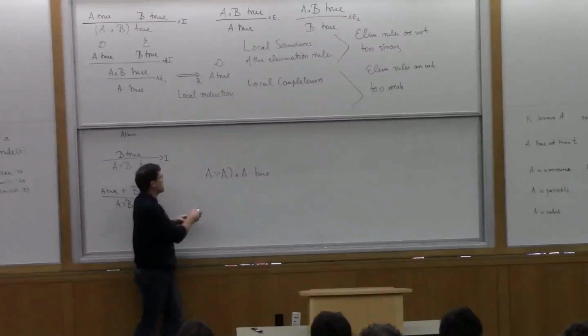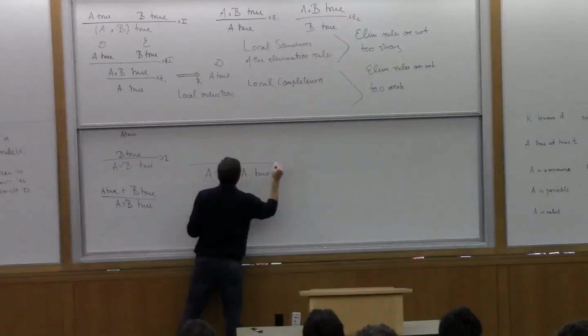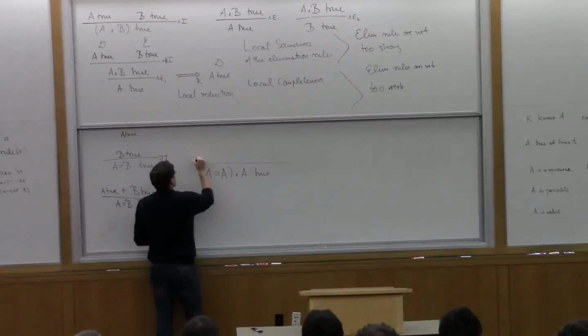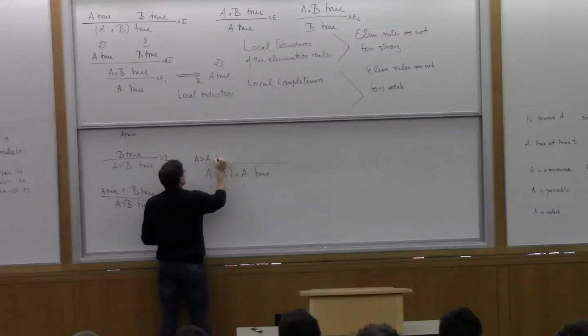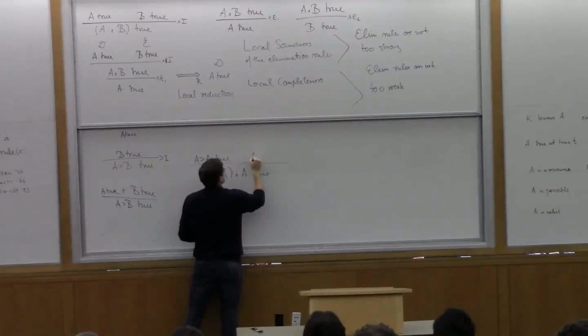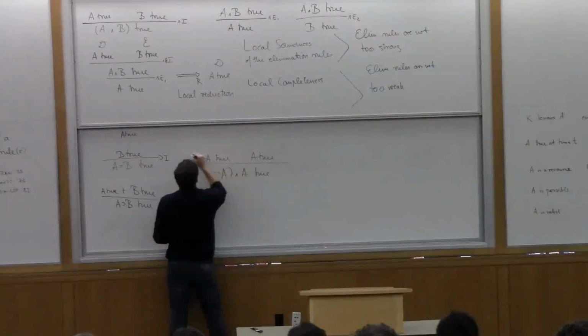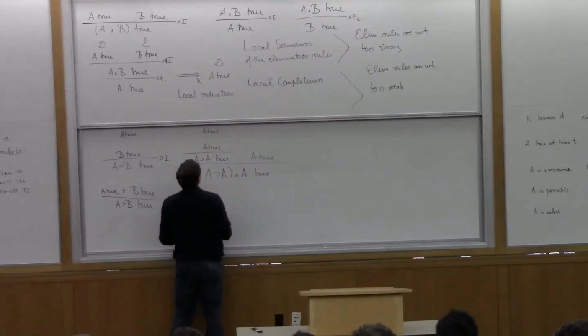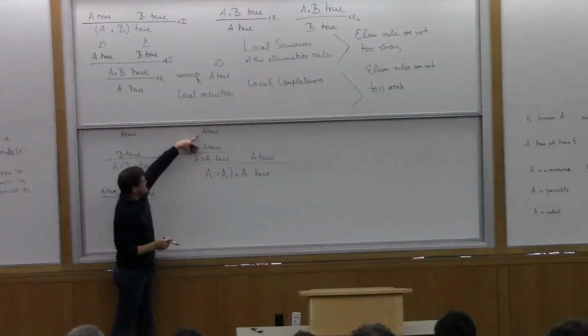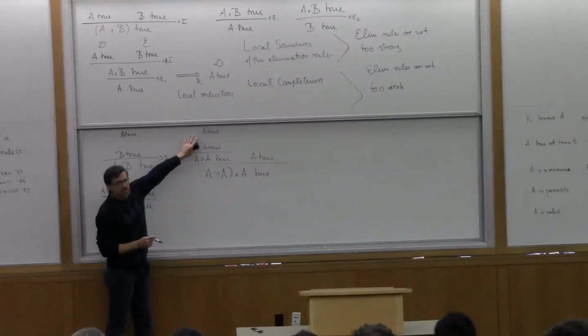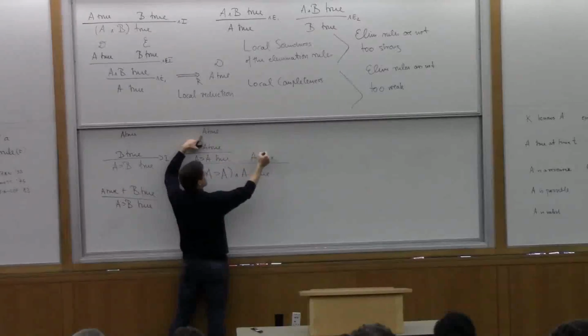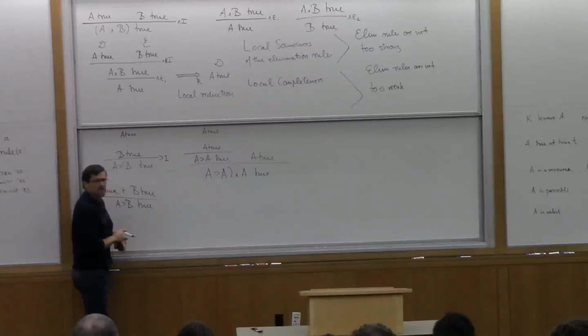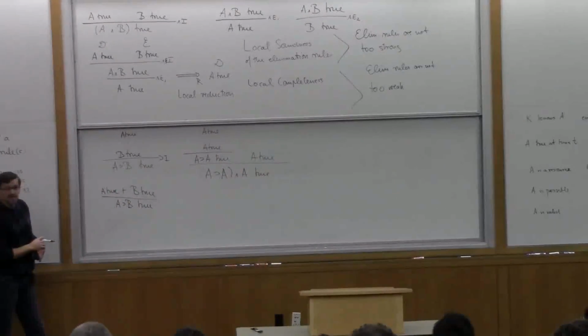But if I write it like this, by conjunction introduction, I have to prove A implies A is true, and A is true. So now I introduce my assumption A is true, and I have to prove that A is true. These are the same, so I should be done over here. And then I just use this assumption to prove that thing over here, which is something I'm not allowed to do.